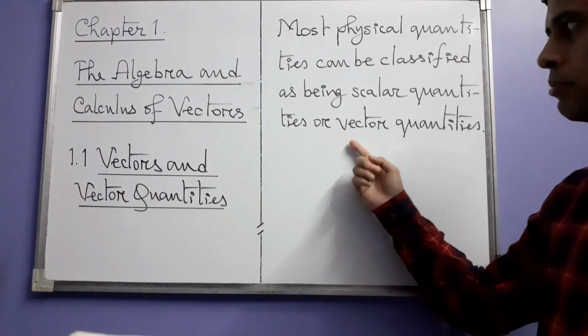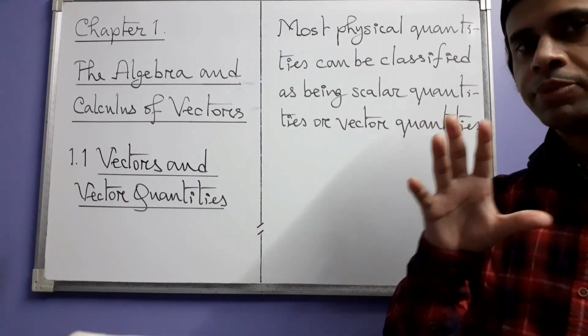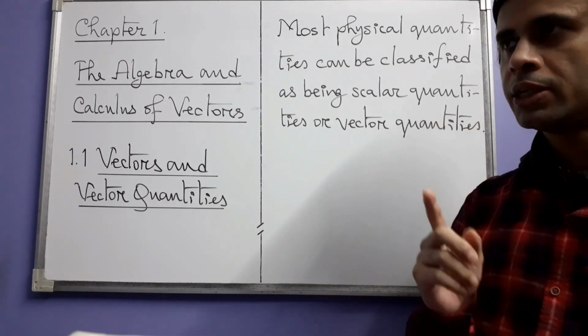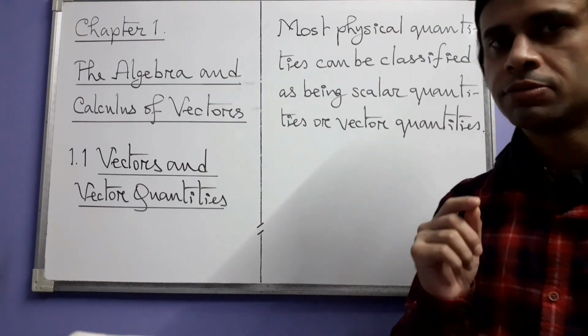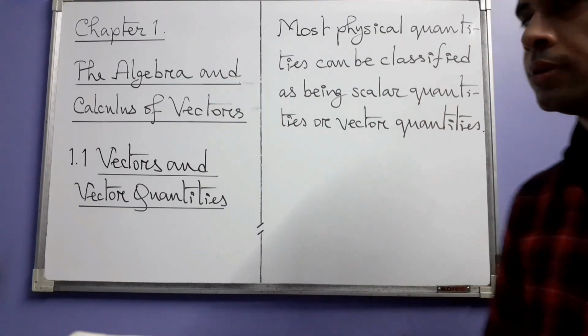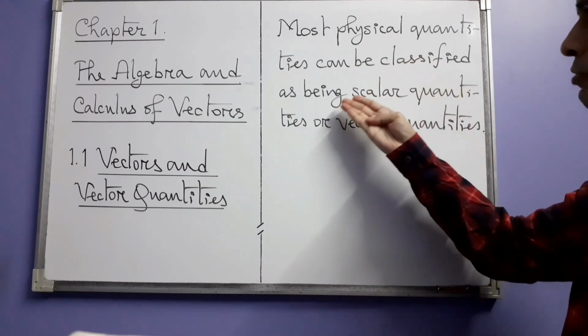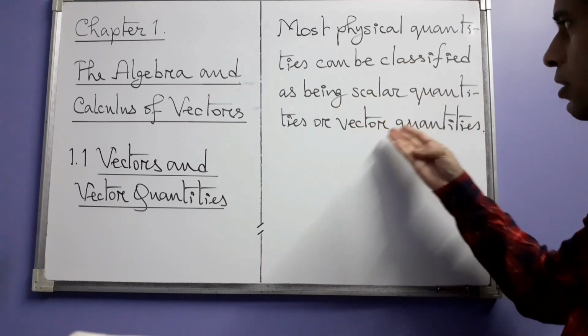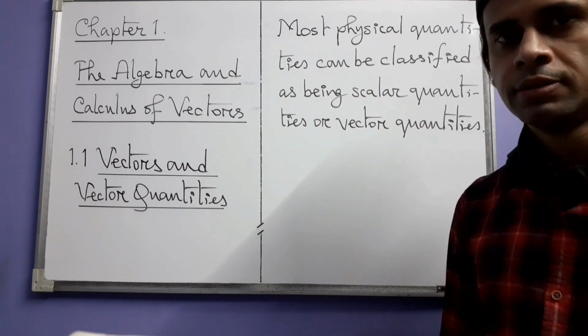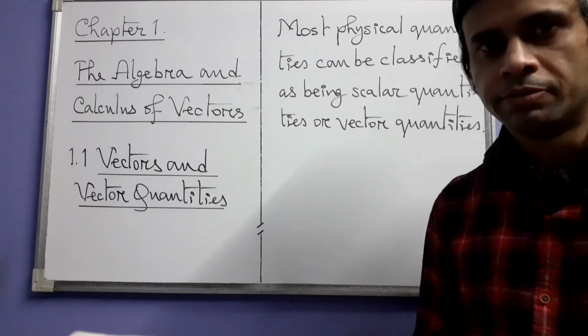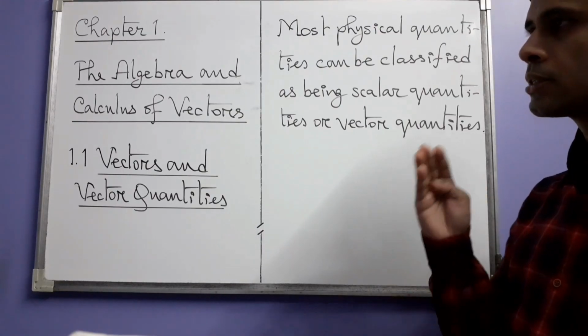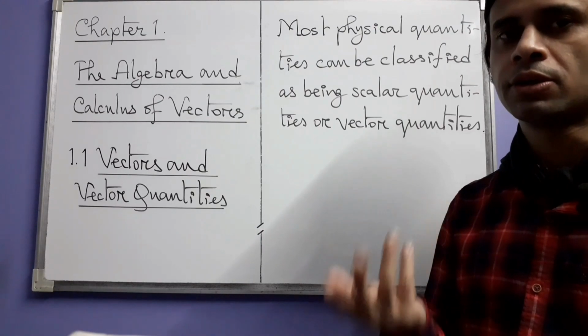I have written the first line as it appears in the text because there is something I noticed about this first line which will be important later on. Most physical quantities can be classified as being scalar quantities or vector quantities, which actually you already know. You in fact also know what a scalar quantity is and what a vector quantity is.